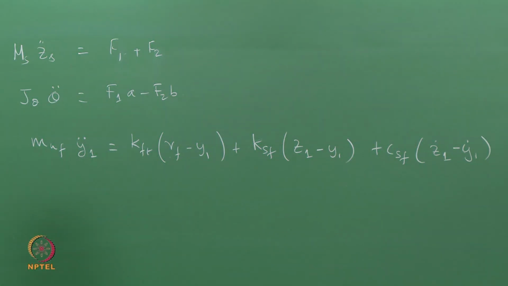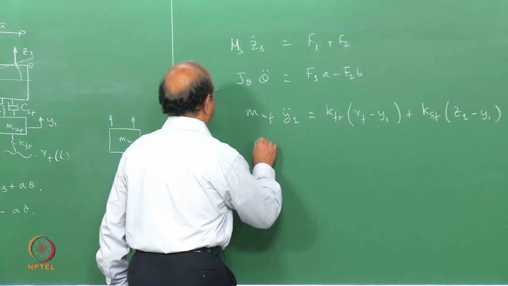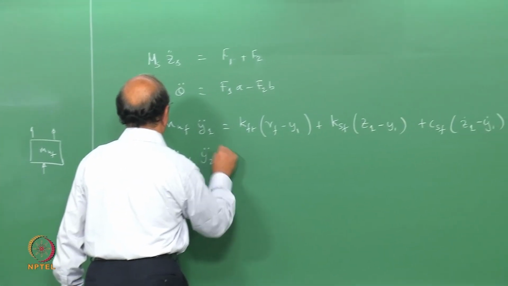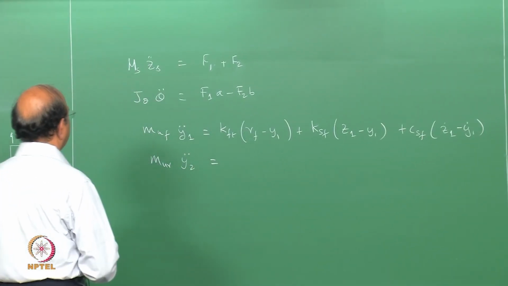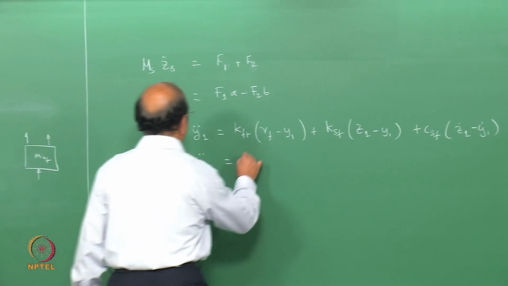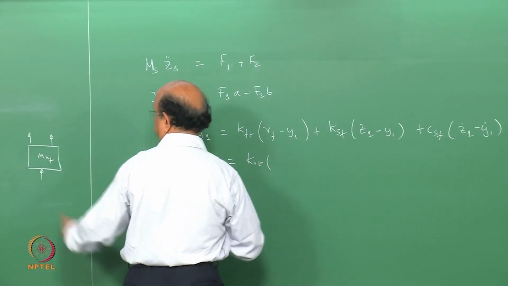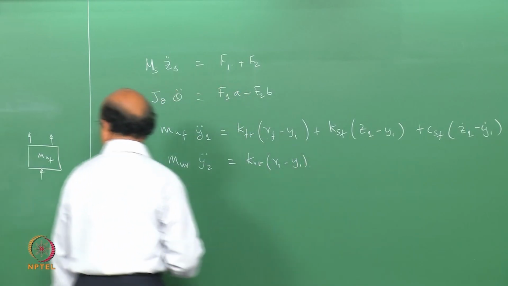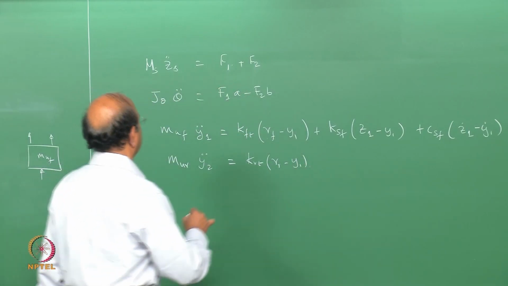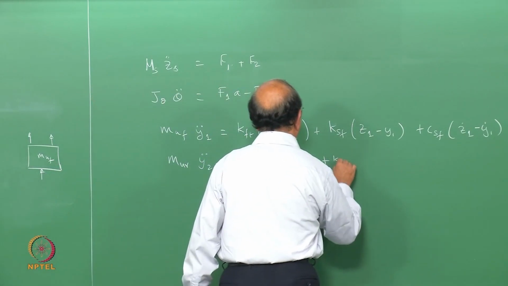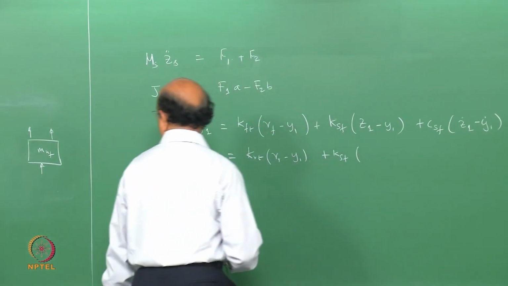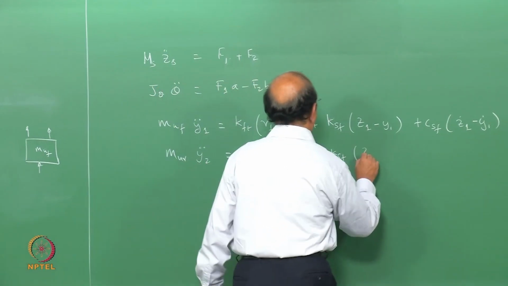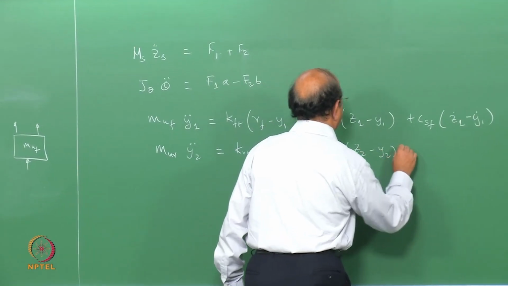So similarly, I can write down m u r into y2 double dot is equal to krt into rr minus y2 plus ksf into z2 minus y2.